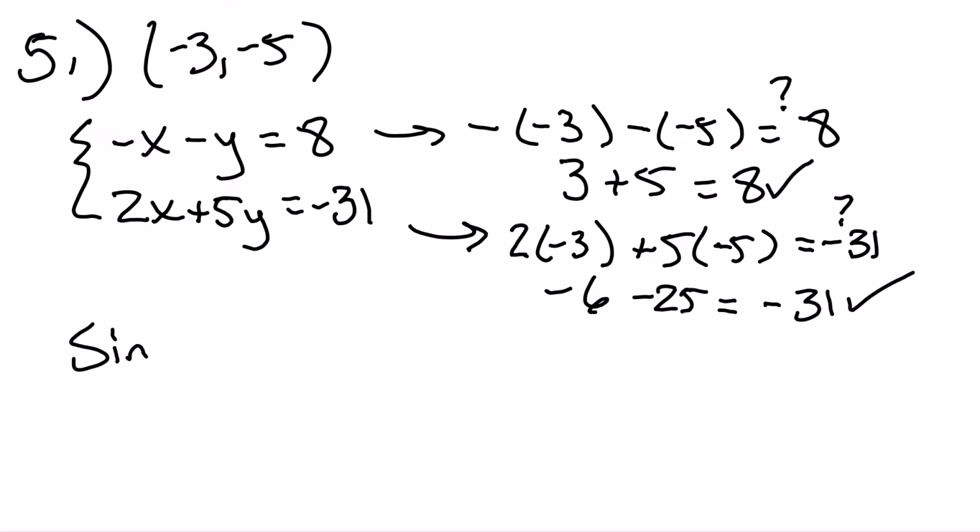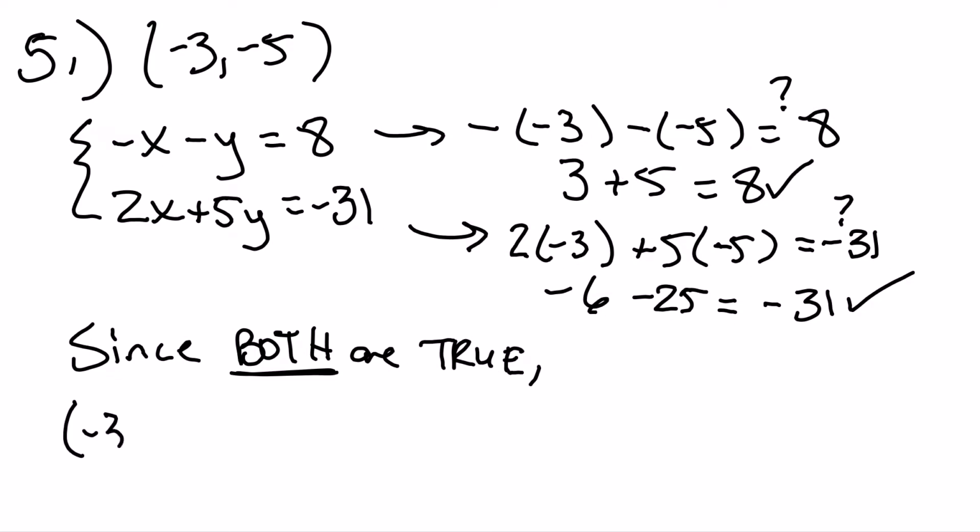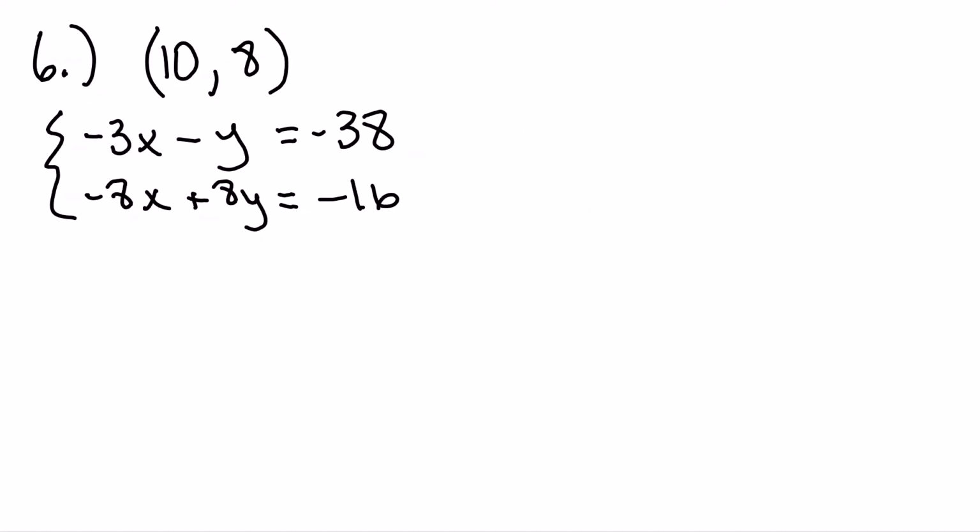So I say since, remember, they both have to be true. Since both are true, negative 3, negative 5 is a solution. That's it for 5.